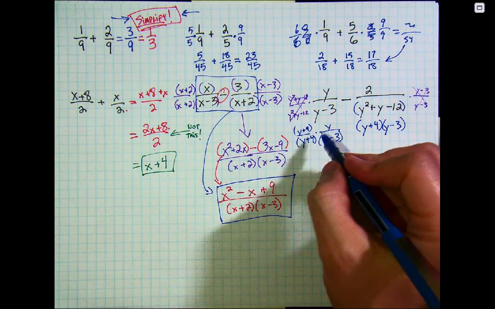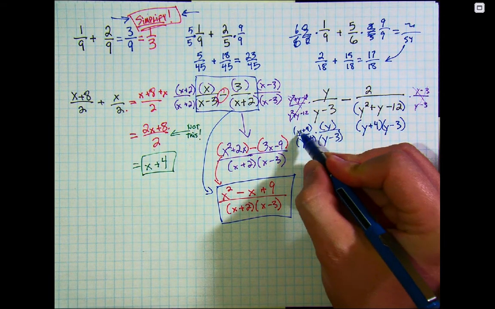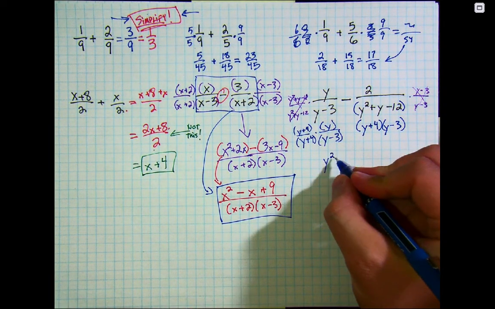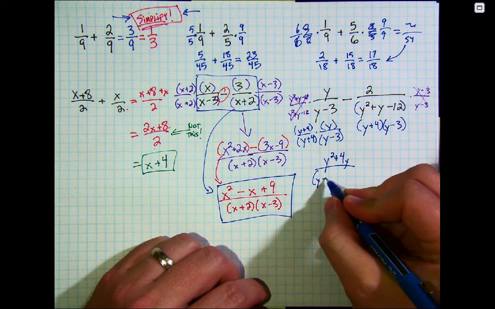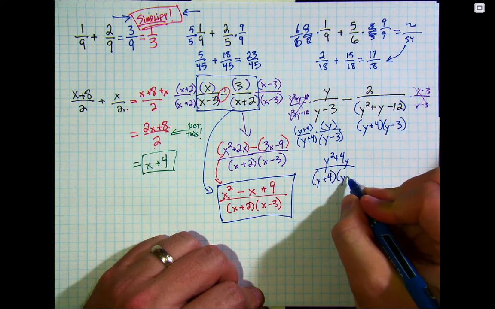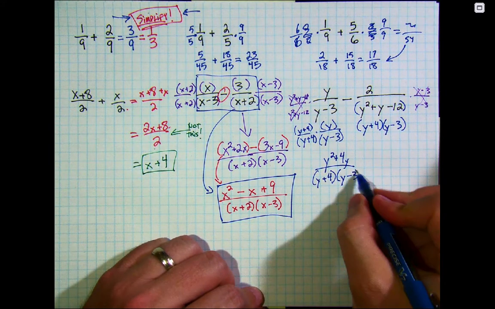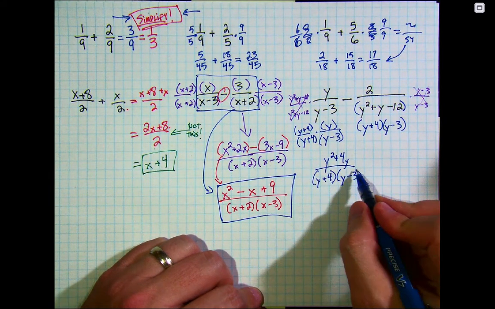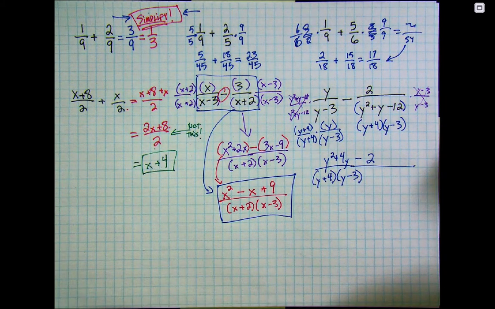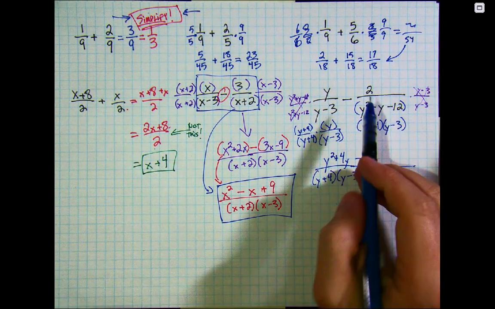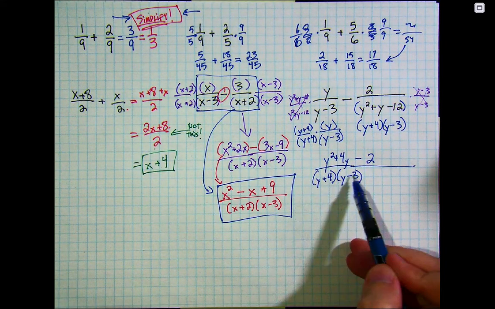So y plus 4 times y is y squared plus 4y over, and I don't even need to put minus and another fraction here because I have a common denominator, so I can just put minus 2. Because the minus 2 was already over all of that.